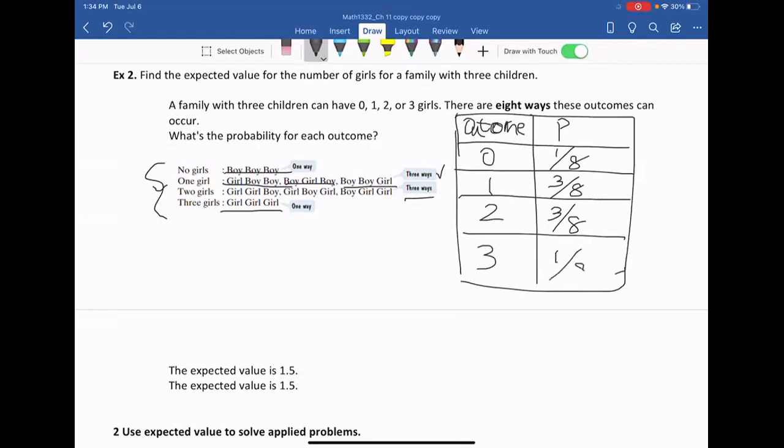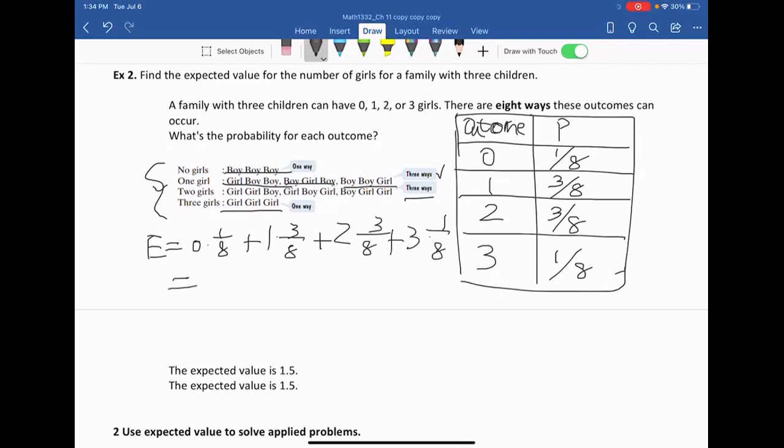It's 1/8. So the expected value is 0 times 1/8 plus 1 times 3/8 plus 2 times 3/8 plus 3 times 1/8.